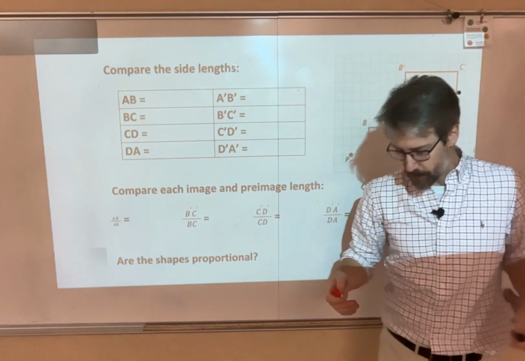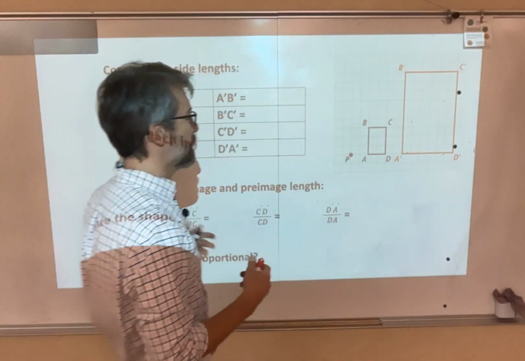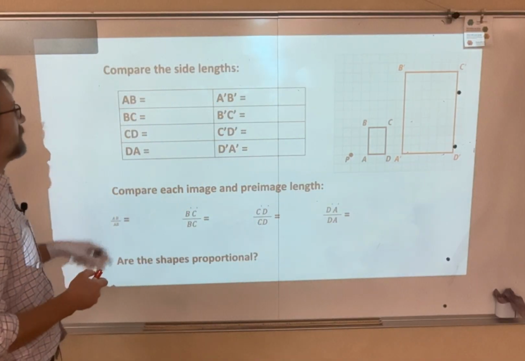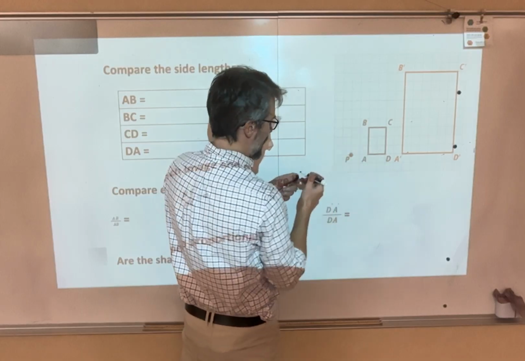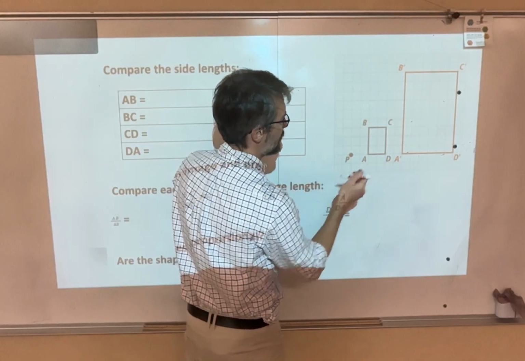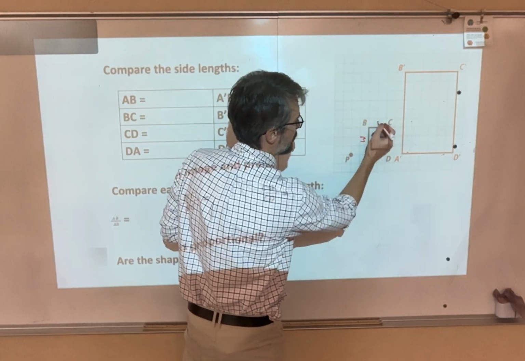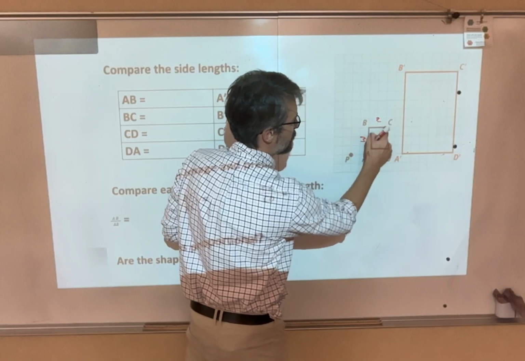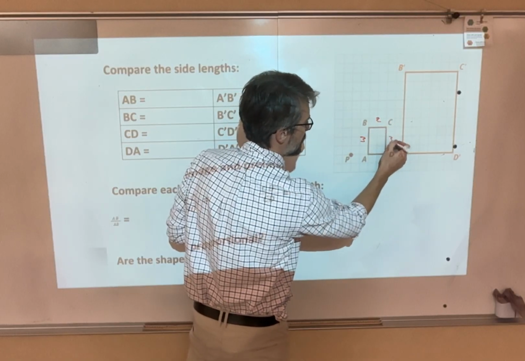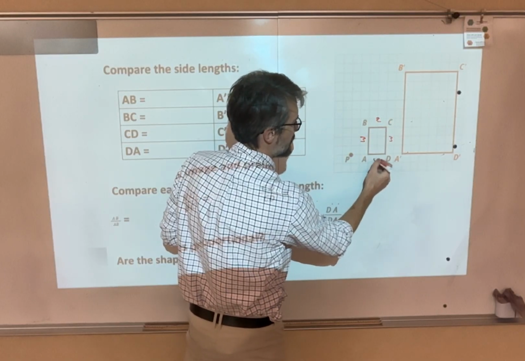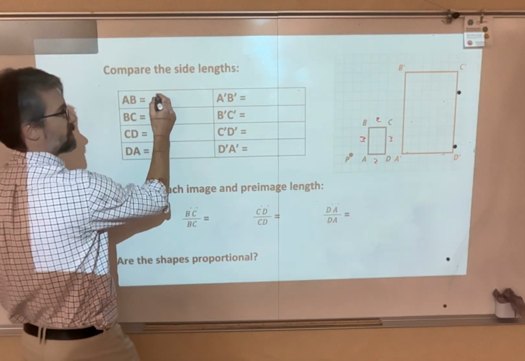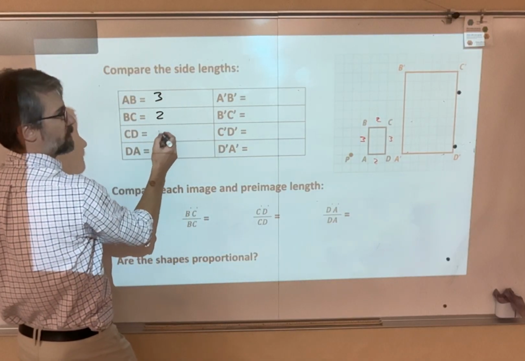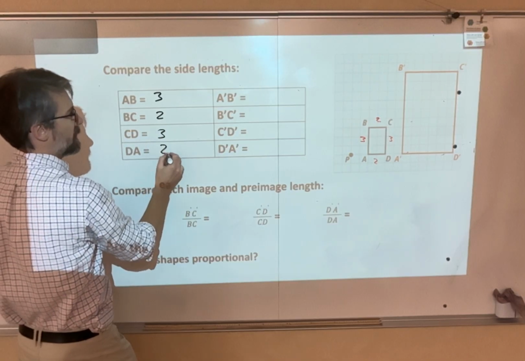So what we can do is compare all the side lengths of the image and the pre-image. For our pre-image, AB has a distance of 3, BC has a distance of 2, and then C to D is also 3, and D to A is 2. So our side lengths are 3, 2, 3, and 2.